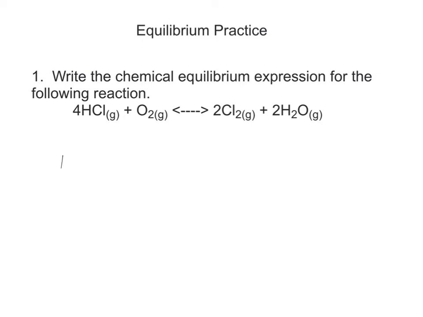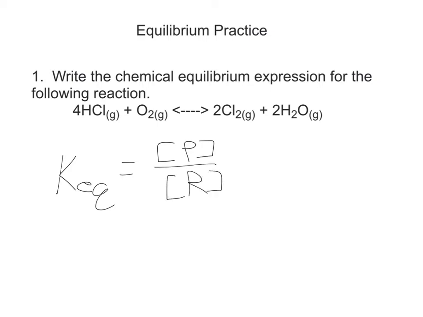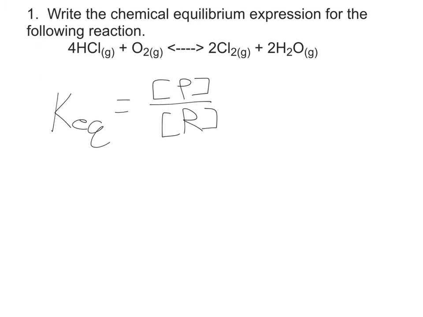The expression always is this: the KEQ will be equal to the concentration of products divided by the concentration of reactants. So for us, we just need to focus on these chemicals here. We've got reactants on the left, products on the right.